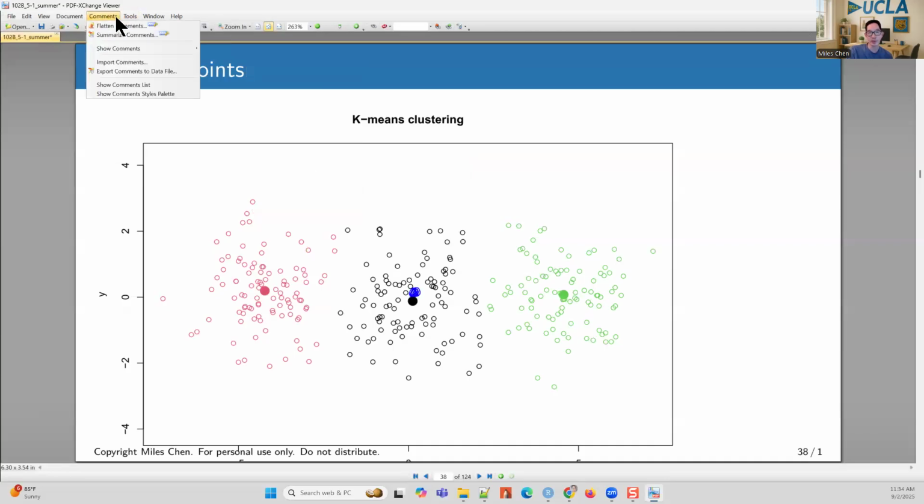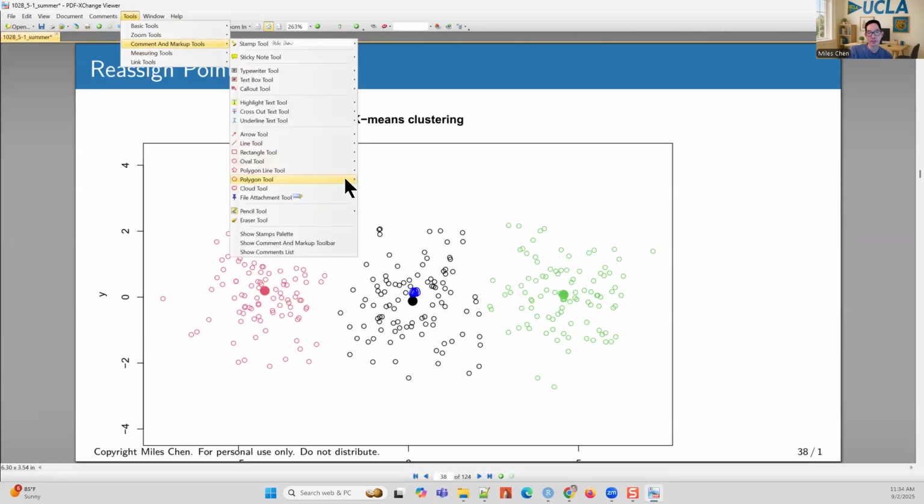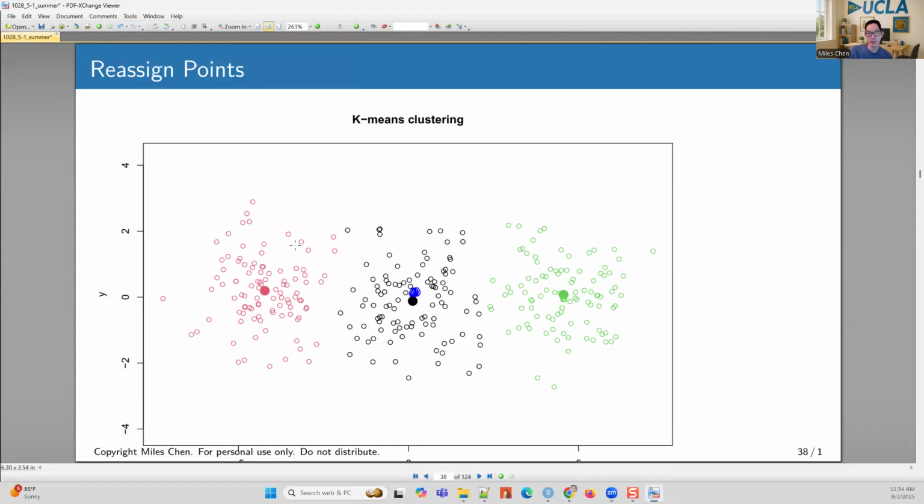And what we're doing is comparing, kind of like doing ANOVA. When you look at each of these points, you're calculating the distance from each point to its own centroid. And so this would be like the within group sum of squares.